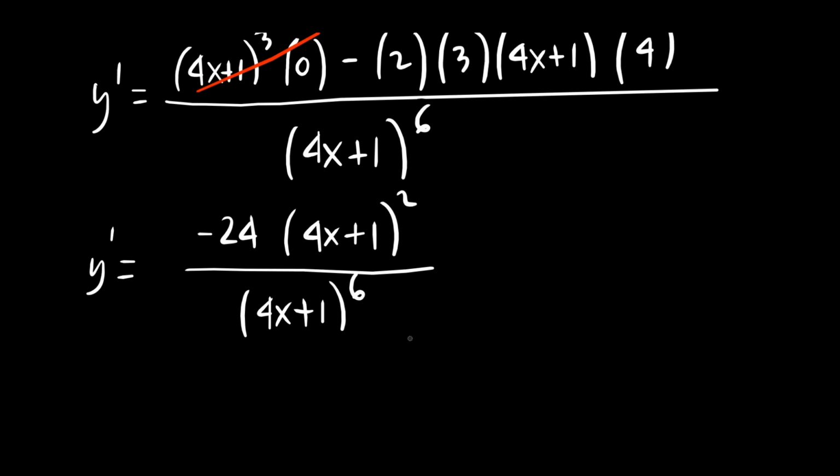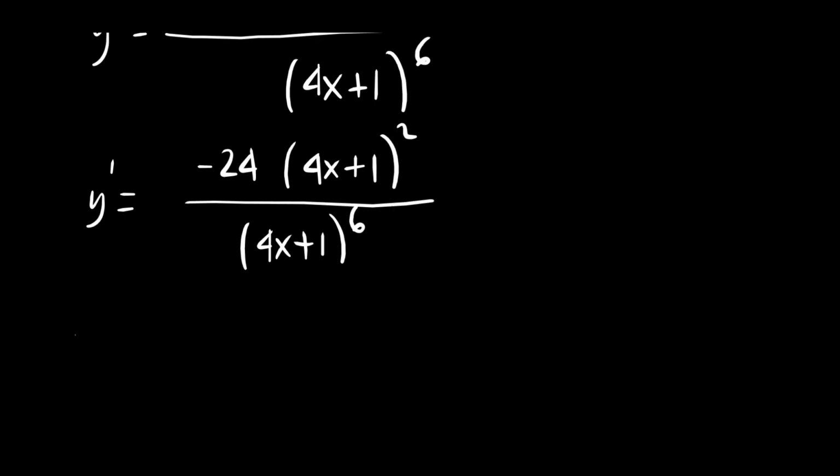So after this one, this term and this term are the same. So we have (4x + 1) raised to the power of 2 all over (4x + 1) raised to the power of 6.